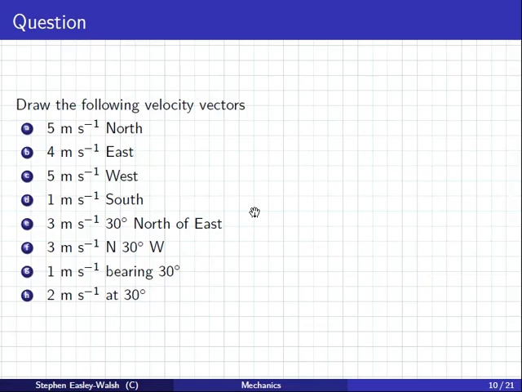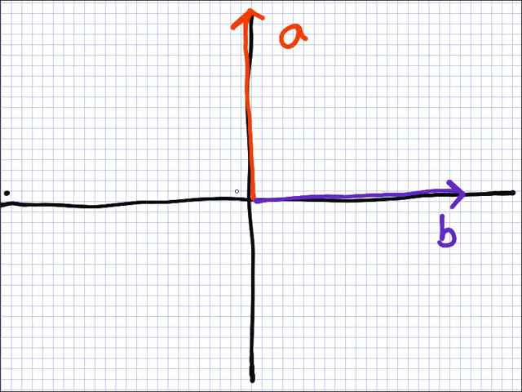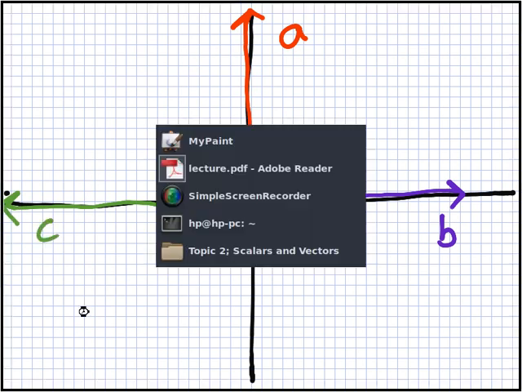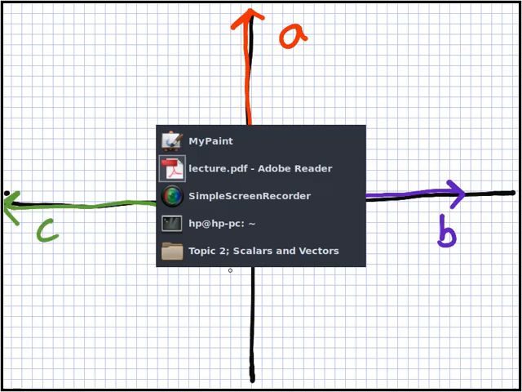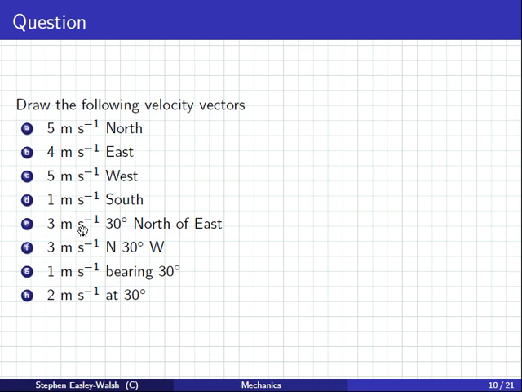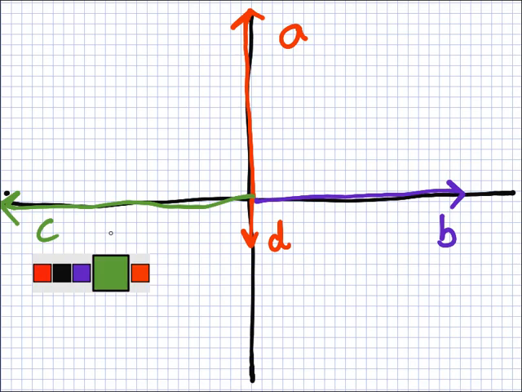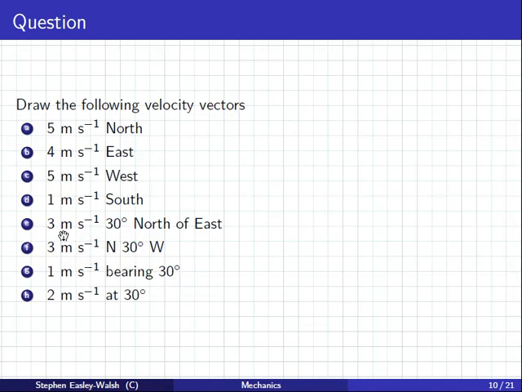The next one, 5 meters per second west. That's C. 1 meter per second south. D. Now, 3 meters per second, 30 north of east.